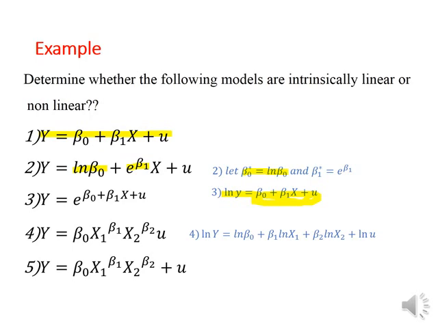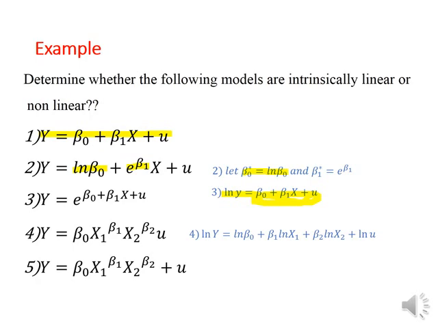And we know that ln e equals 1, so ln y equals beta naught plus beta 1 x plus u. This is a linear regression model with a transformed dependent variable y. Instead of y, we will have y star, for example, which is ln y.